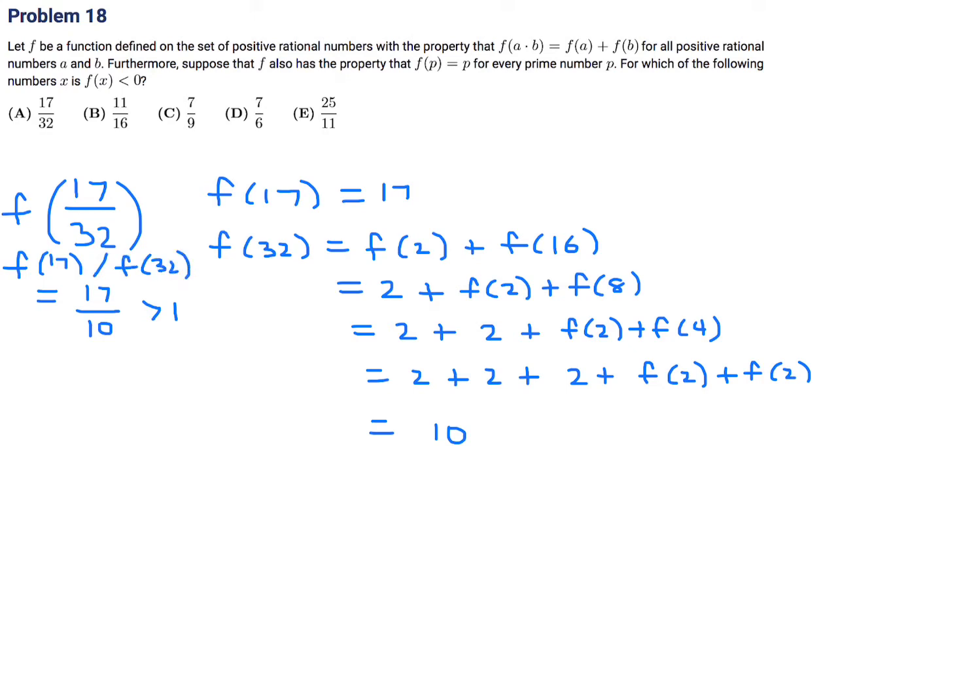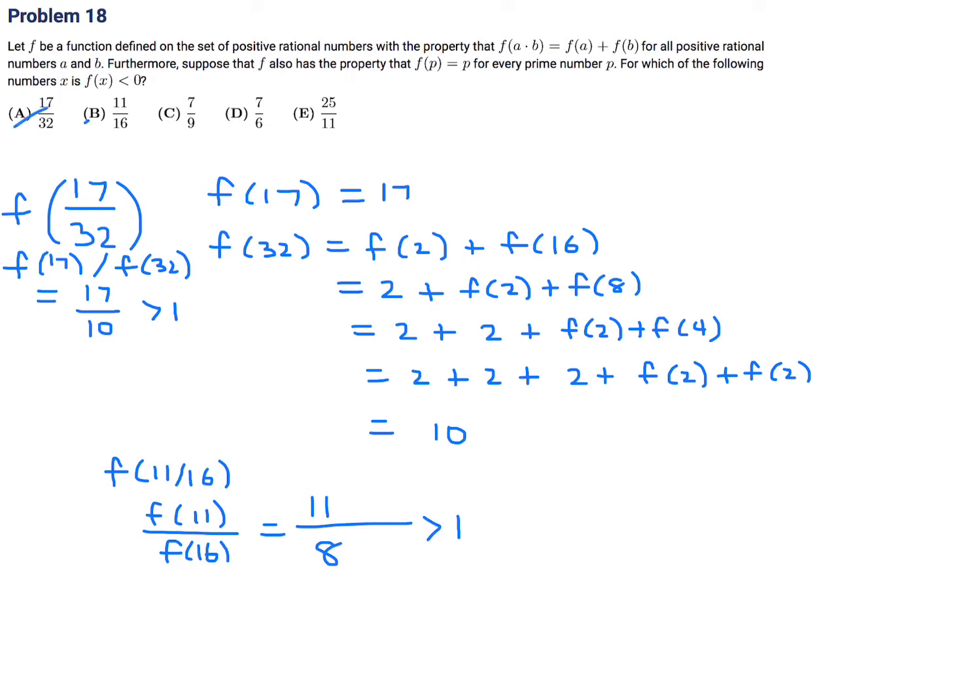All right, so we have to do the same thing for all these other ones. So f at 11 over 16, so that's going to be f at 11 over f at 16. So f at 11, that's just prime, that's 11. F at 16, using the same technique, we actually did that right here, and that's just going to be 8. So again, this is greater than 1.